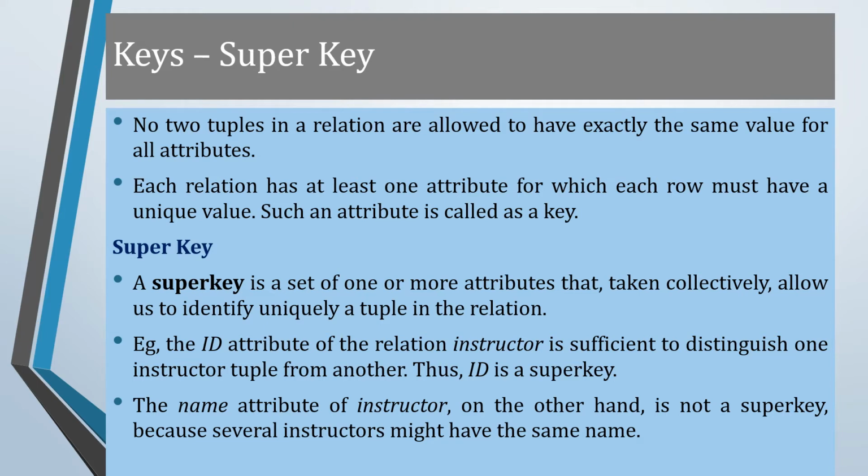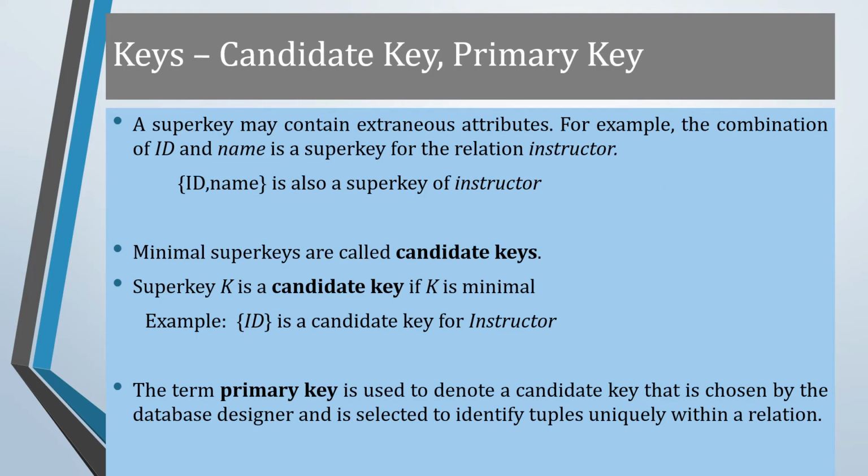So the attribute that is selected as a super key should allow us to uniquely identify a tuple in the relation. A super key may contain extraneous attributes. For example, the combination of ID and name is a super key for the relation instructor. So that is, ID comma name is also a super key of the instructor. The minimal super keys are called candidate keys. Super key K is a candidate key if K is minimal.